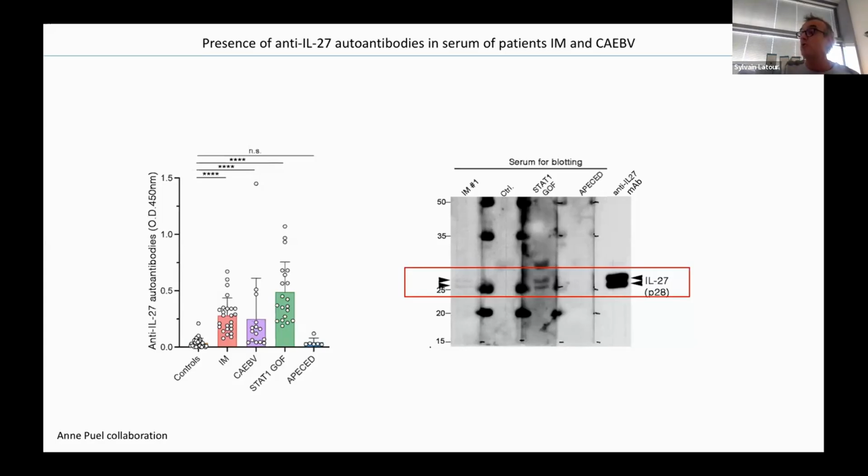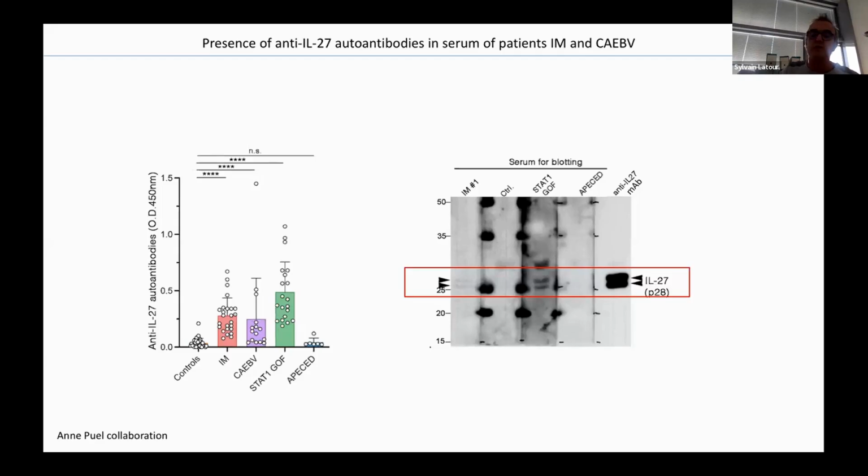Using this assay, we were able to detect significant levels of autoantibodies raised against IL-27 in samples of patients with infectious pneumococcal disease, chronic EBV infection, and patients with STAT1 gain of function, while these levels were low or undetectable in healthy controls or patients with APECED. We verified that these antibodies contained in this serum were able to recognize recombinant IL-27 by Western blotting.